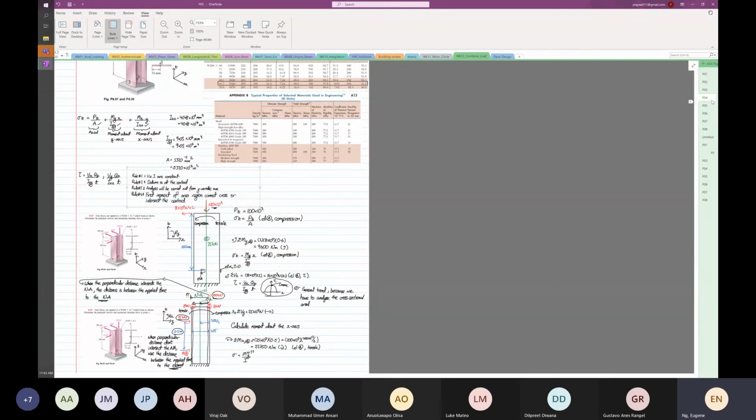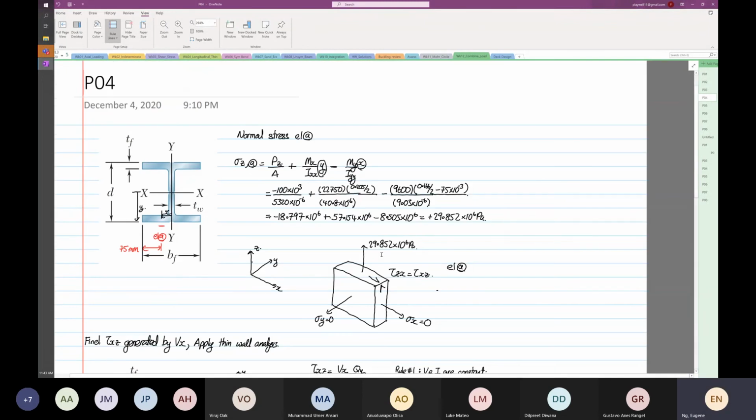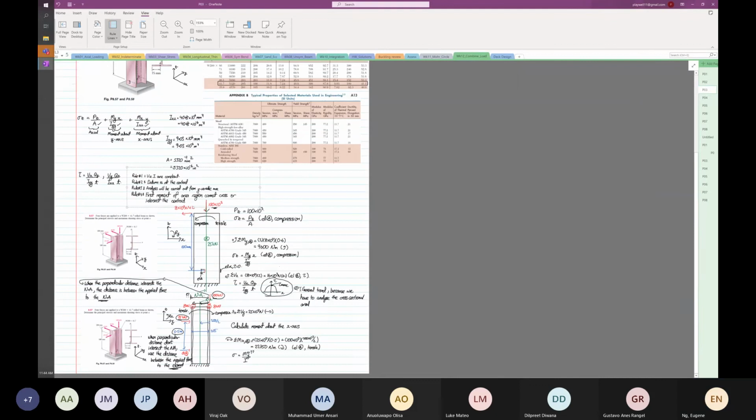So if you look at the Vy, where did we analyze the Vy? Hold on. Oh, I did not write the Vy. Oh, I did. So you look at the Vy over here, Vy is 25 times 10 to the power 3. So I wrote the shear stress, the general trend, because we have to analyze the cross-sectional area.